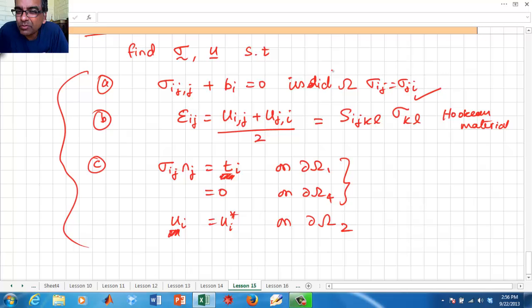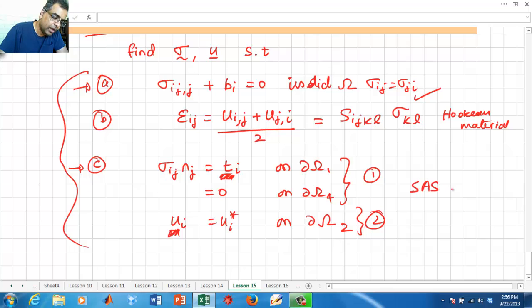Once you know the displacements, you can calculate the strains. That's why we needed the differentiability. So a statically admissible stress field satisfies only A and C. Let us call this C1 and C2. So statically admissible stress field satisfies A and C1. Kinematically admissible strain displacements satisfy only C2.